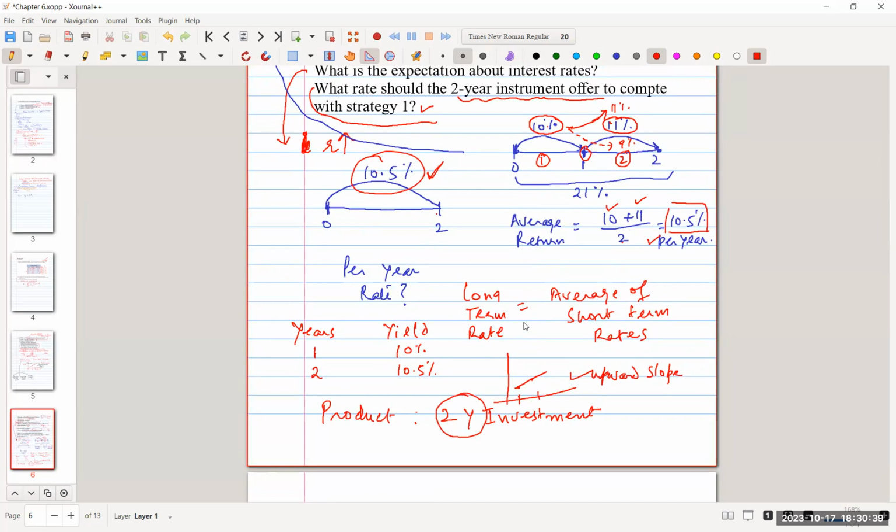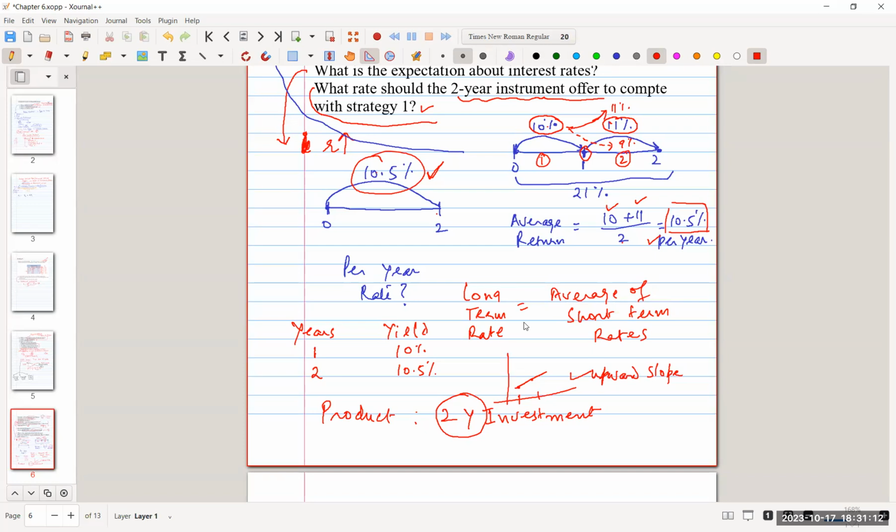And what I've just said is that if pure expectation theory works, it will tell us that bonds with different maturities, like in this case, we had bonds or instruments maturing in 1 year, and then we also had a bond which matured in 2 years, right? At the end of it, we saw that no matter which strategy you followed, either a series of 1 year bonds or a 2 year bond straight away, your return would have been the same, 10.5%.